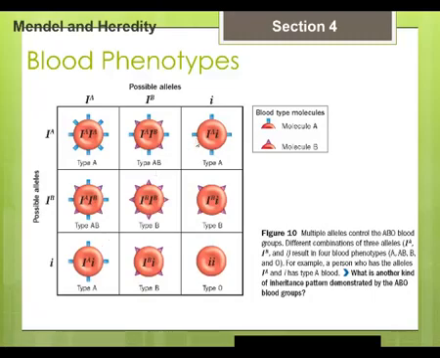So if mom gave you an O and dad gave you an A, you'd be type A. If mom gave you an O and dad gave you a type B, you'd be type B. And then finally, if you get the type O blood type, you would have to have gotten alleles that code for type O from mom and from dad.